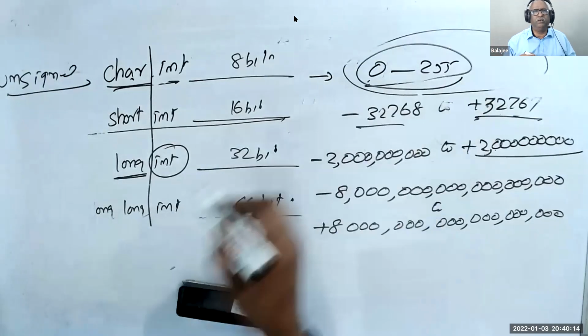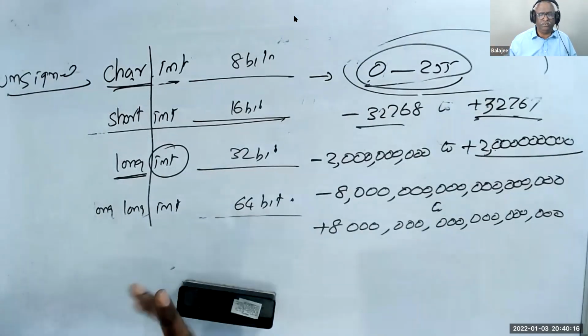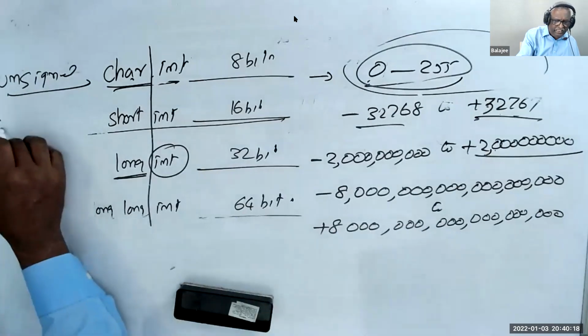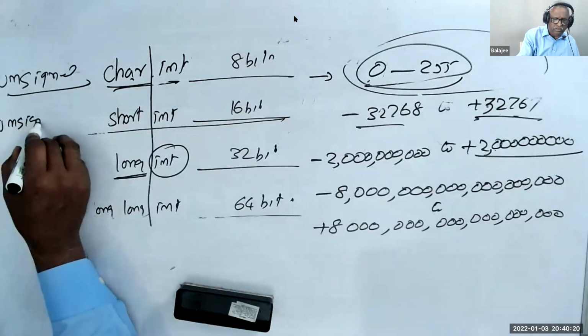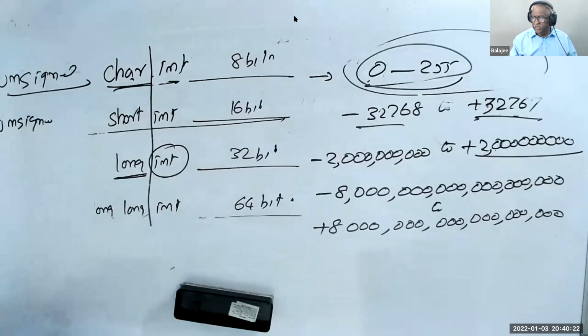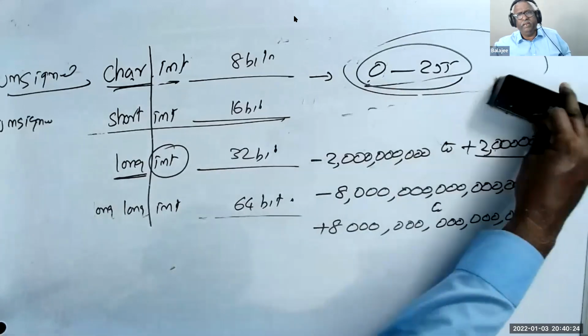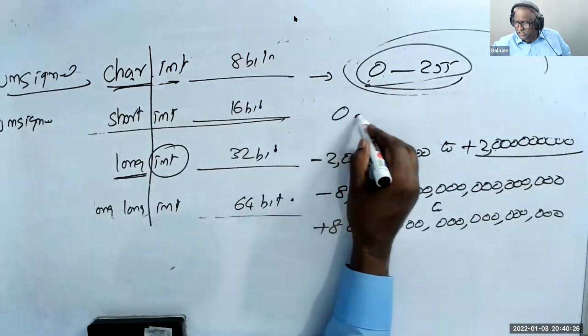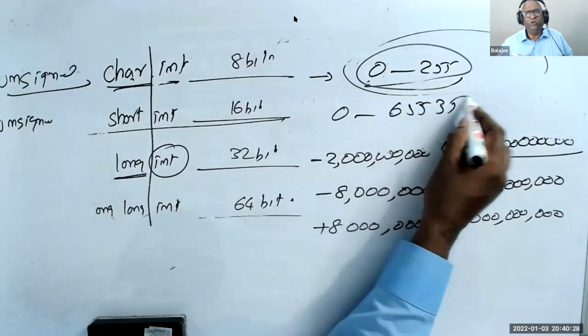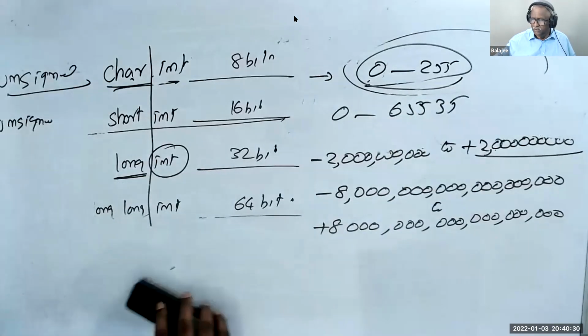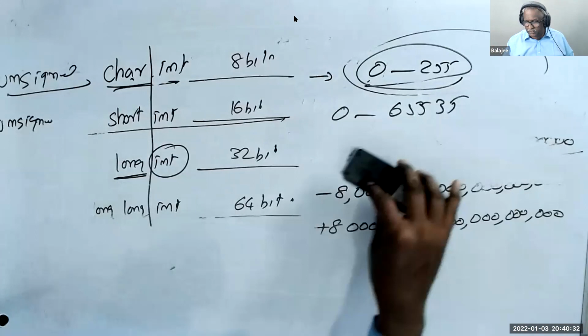This will give a whole number, no more negative numbers. If you put unsigned short, then the same memory holds from 0 to 65,535. No negative numbers. So don't do that.